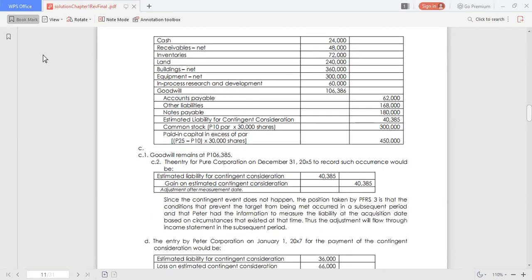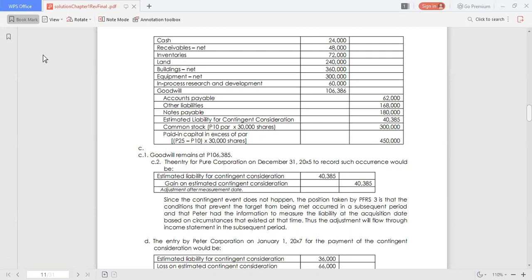Now in requirement C-1, determine the amount of goodwill. Goodwill remains at 106,385. And C2, prepare the journal entry required if the target event does not occur. So we now debit estimated liability for contingent consideration of 40,385 and credit gain on estimated contingent consideration.